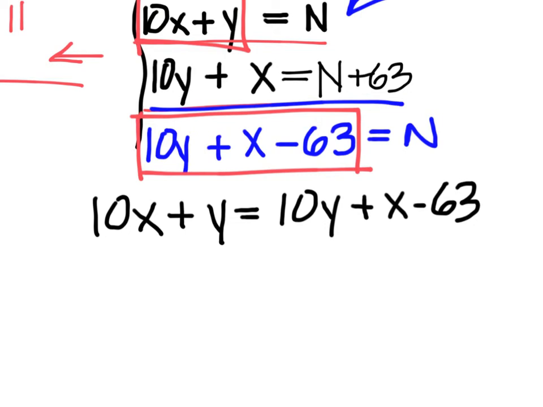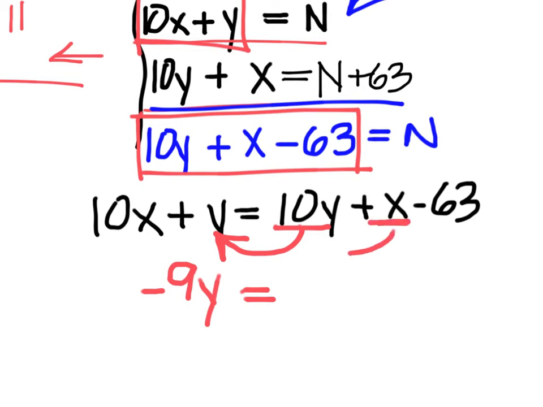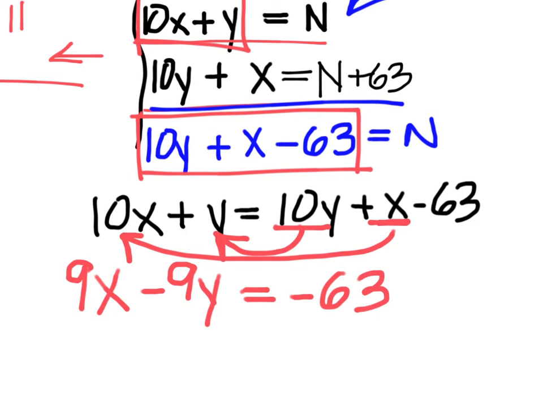Our variables have to go over. When I move this 10y over here, I'm going to have y minus 10y. What's y minus 10y? Negative 9y. When I move this x over here to the left, I'll have 10x minus x. What's 10x minus x? 9x, right. And then over here on the right, we're left with a negative 63.